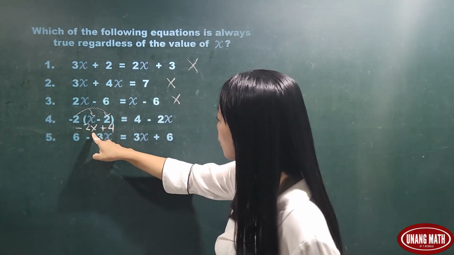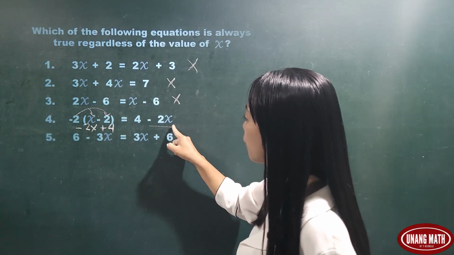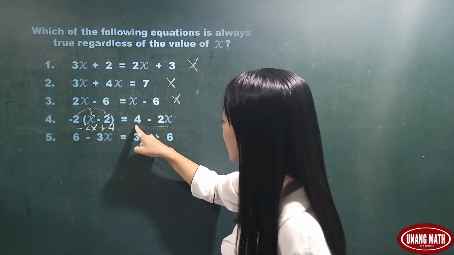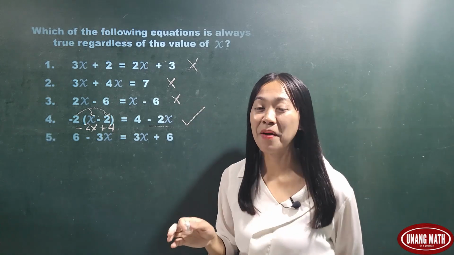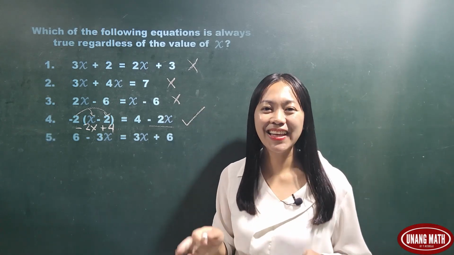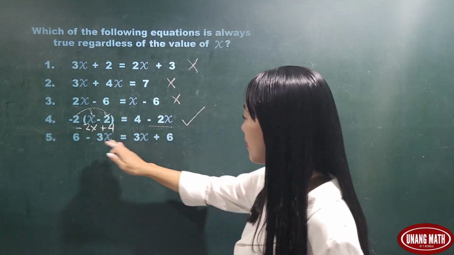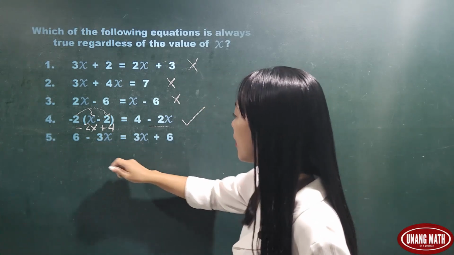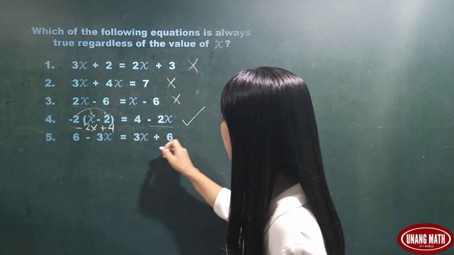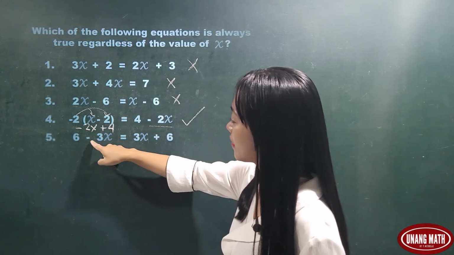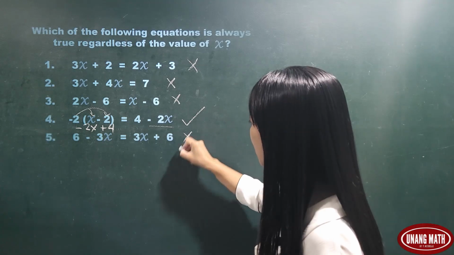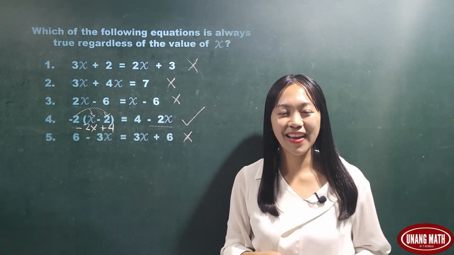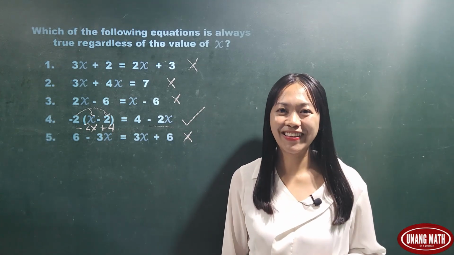Negative 2x, this is also negative 2x. Positive 4, this is also positive 4. So number 4 is an example of an identity equation. How about the number 5 equation? This is positive 6. This is negative 3x, but this is positive 3x. So this is not an example of an identity equation.